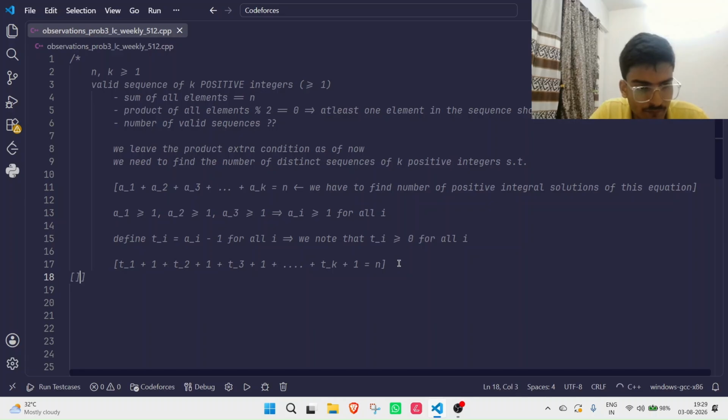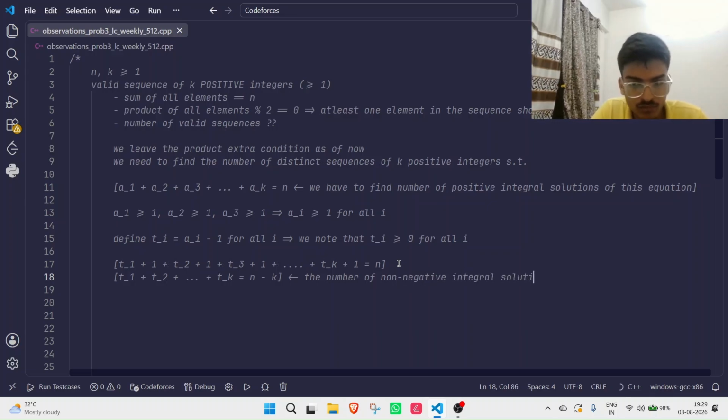Then we can write t1 plus t2 plus and so on to tk equal to n minus k. Now we have to find the number of non-negative integral solutions of this equation.